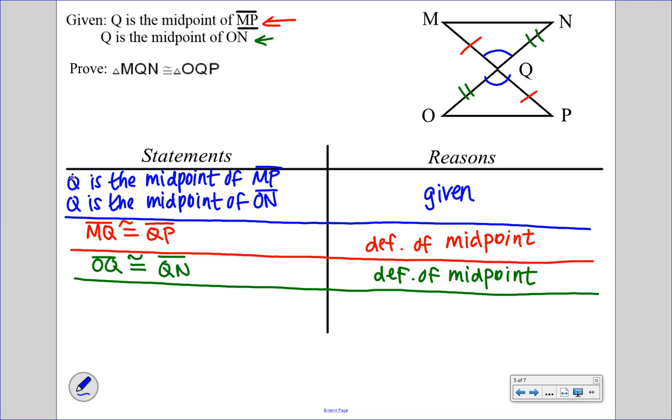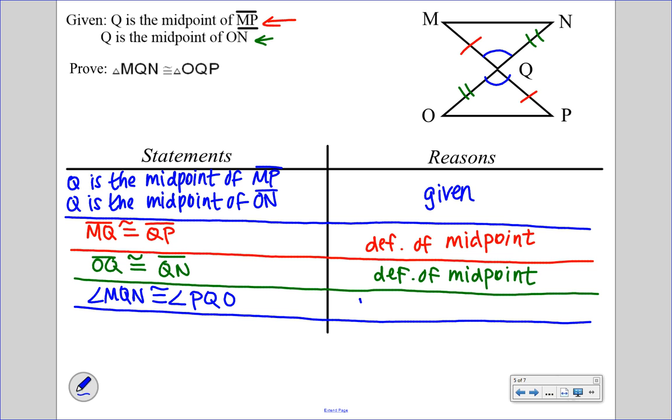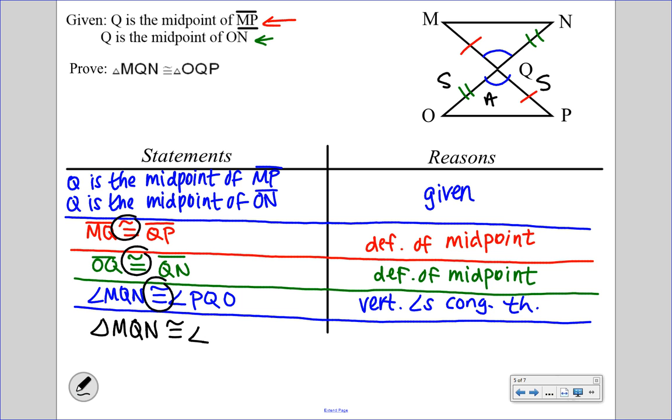So we can say angle MQN is congruent to angle PQO. And this is the vertical angles congruence theorem. Since we have three congruency statements, we can label our picture, and this is side, angle, side. So we can write down our proof. Triangle MQN is congruent to triangle OQP because of side, angle, side.